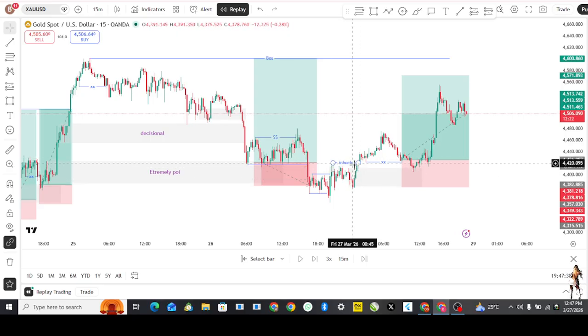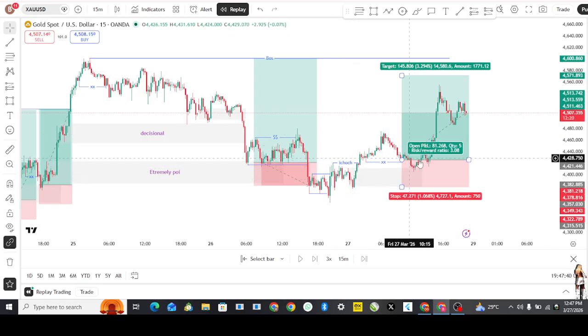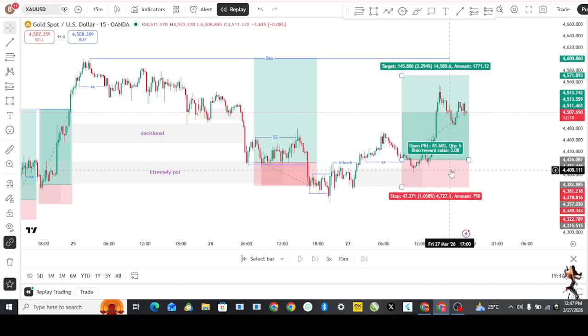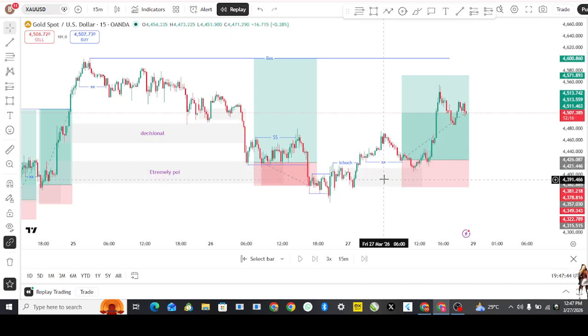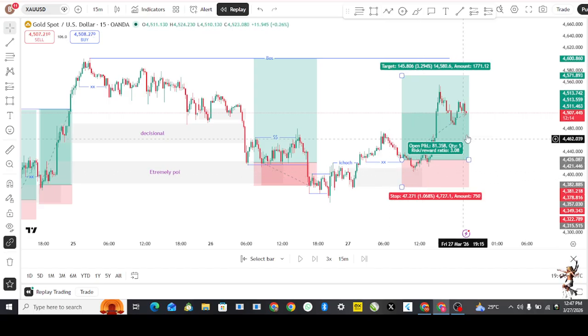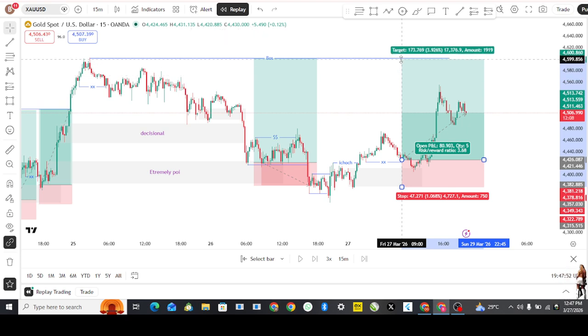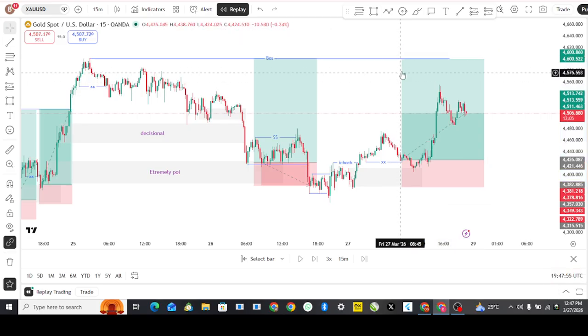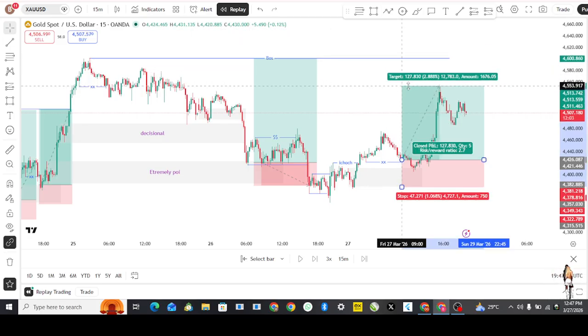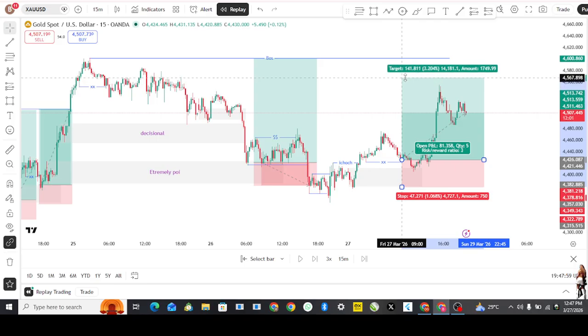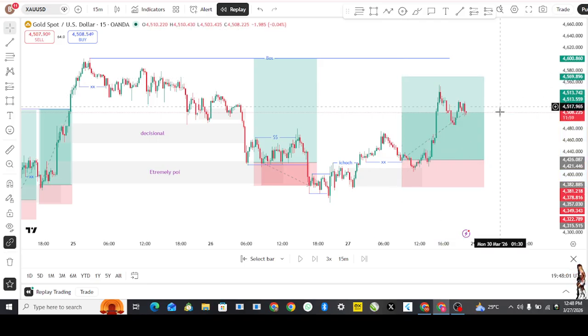But this second one gives us more guarantee to buy at this zone. This is our full potential target, but I think we have hit ratio 1 to 3.